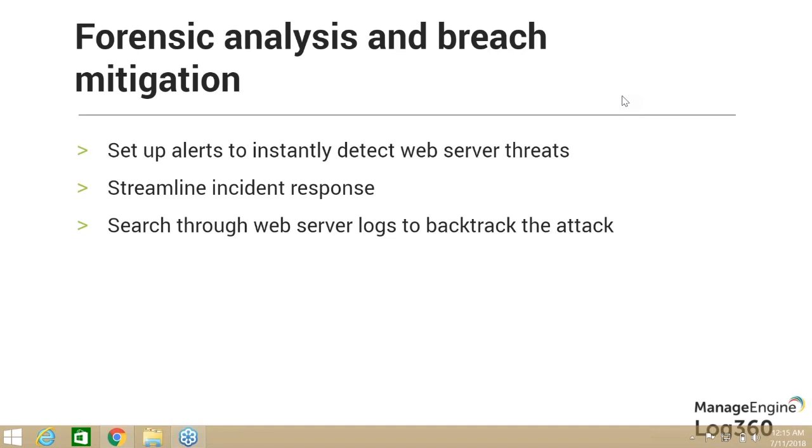This is just to wrap things up, because we've looked at certain specific events that we want to track on our databases and web servers, and what we can achieve by enabling auditing on our SQL and IIS servers, right?